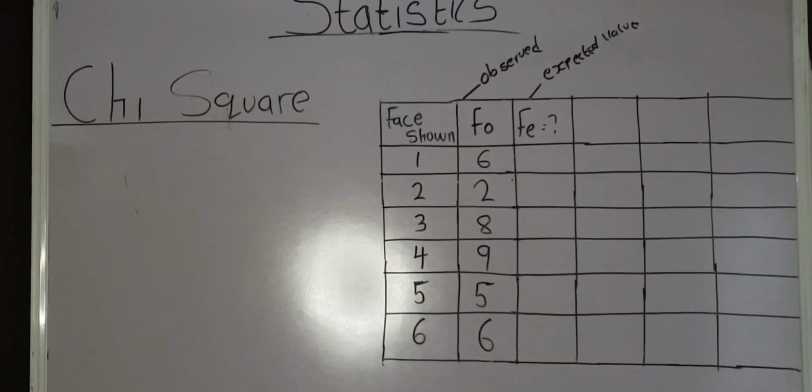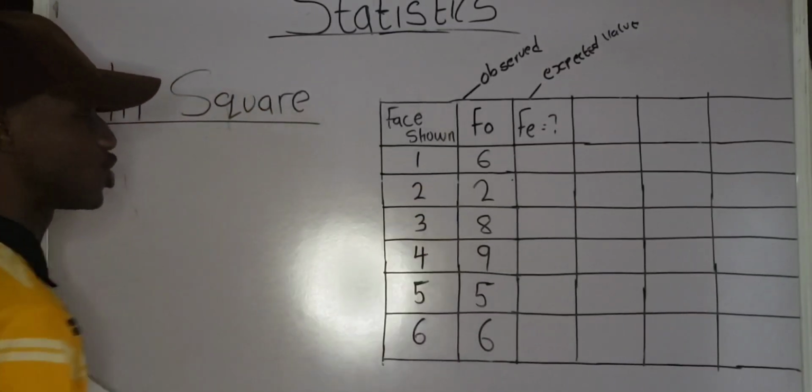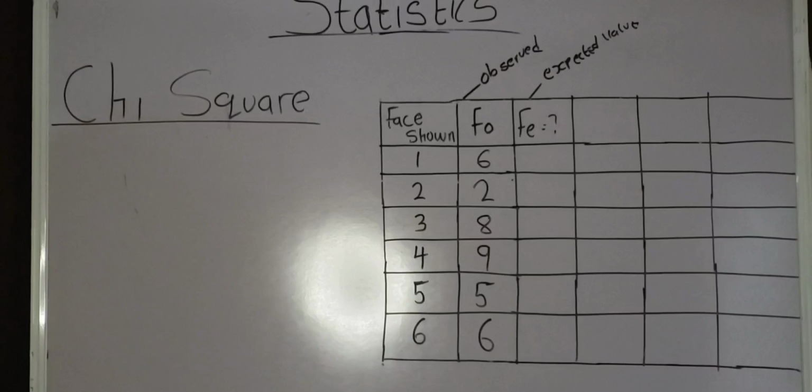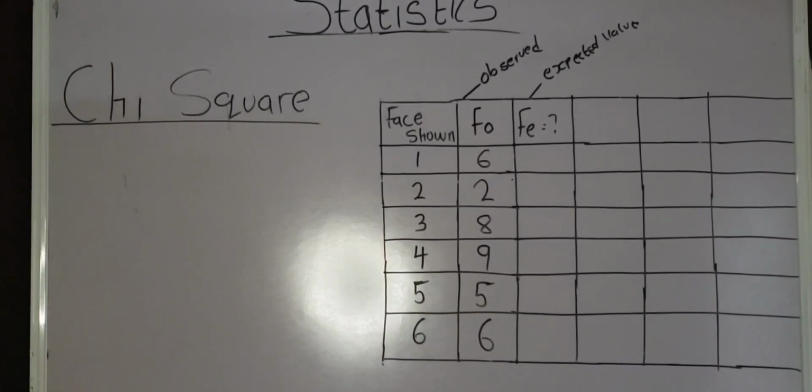To calculate the expected value, I'm going to sum up all the observed faces that are shown. Don't forget that a die has how many faces? 6 faces. Then I'm going to divide it by the count of all.